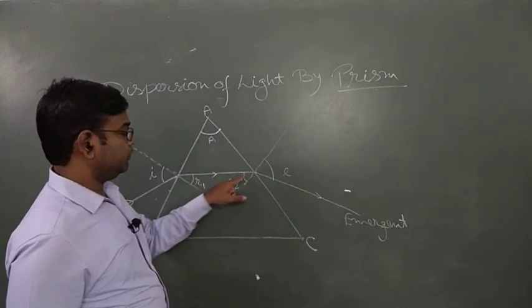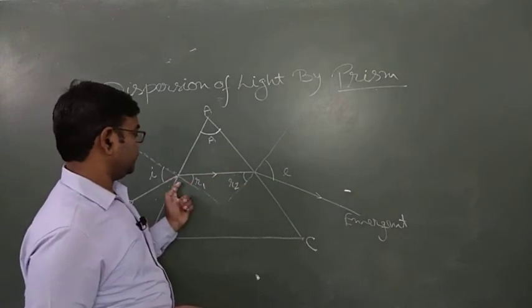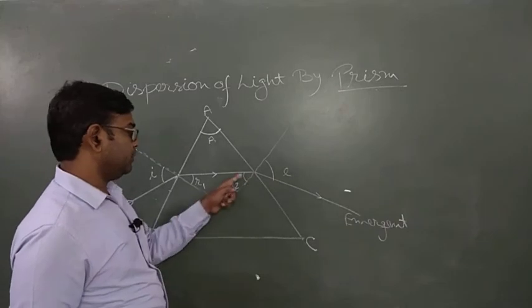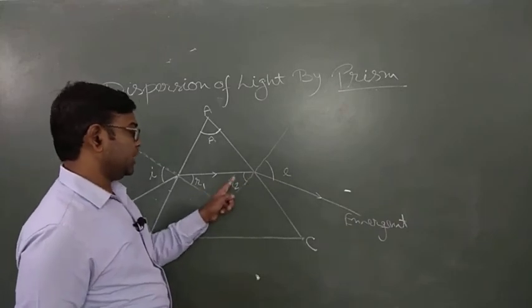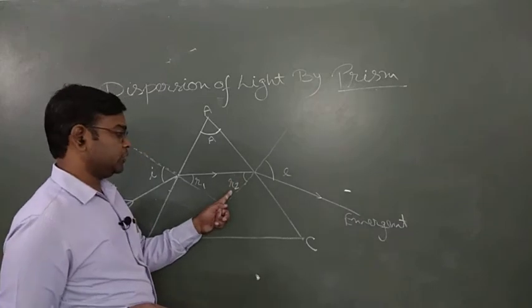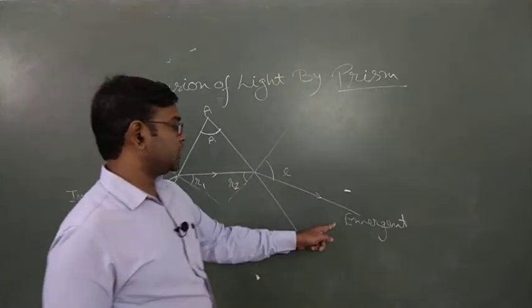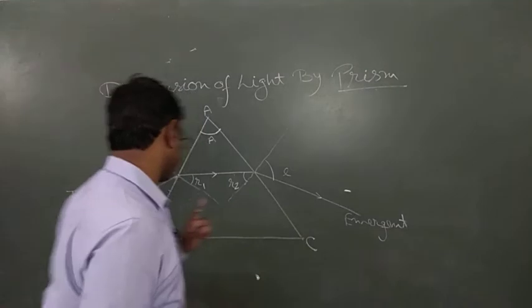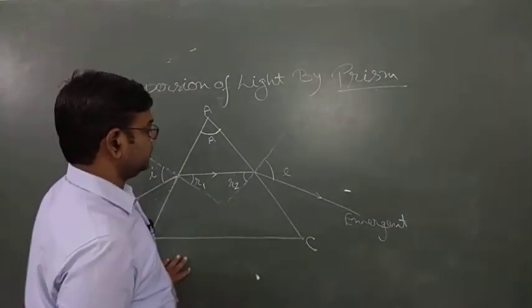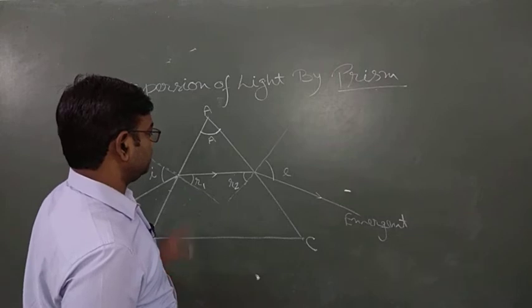And then after the first refraction, it falls for a second refraction. We give the name of this angle R2. Actually this is a second incident ray, but we give the name of the angle R2, and this is your emergent ray. We give the name E. Now this is the basic construction or working of prism.